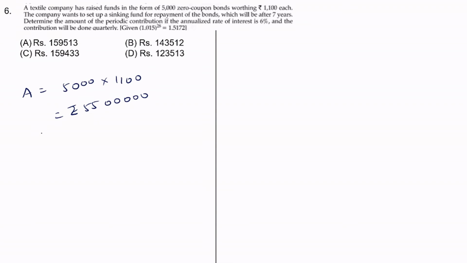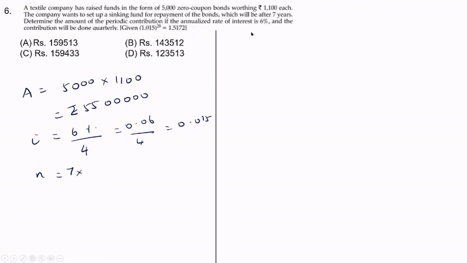And then next we have I is 6% and it is compounded quarterly. So 6% by 4, which is 0.015. Next we have N. N is the bond should be redeemed after 7 years.